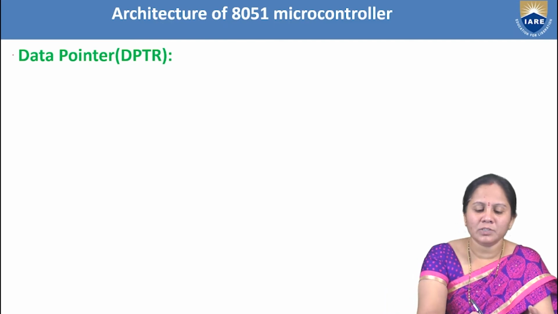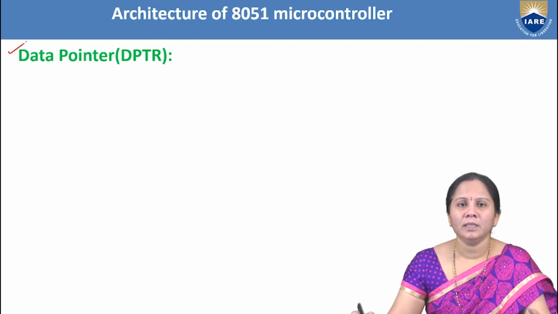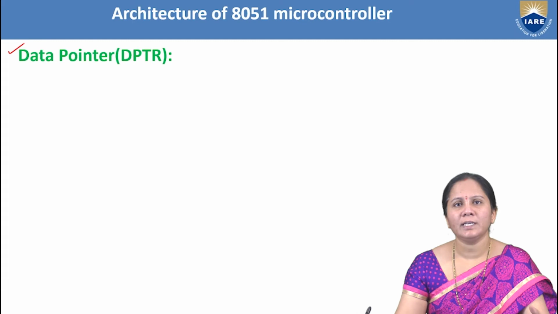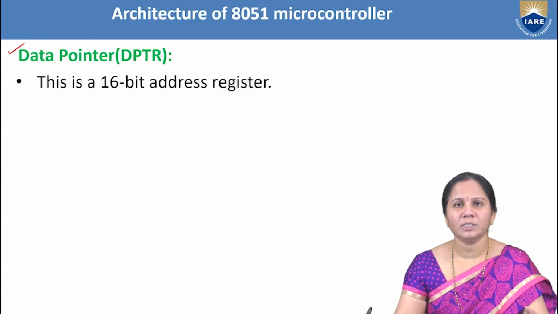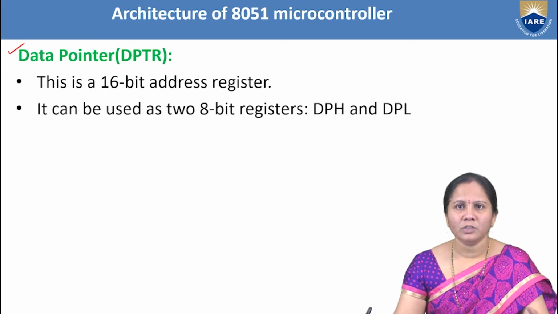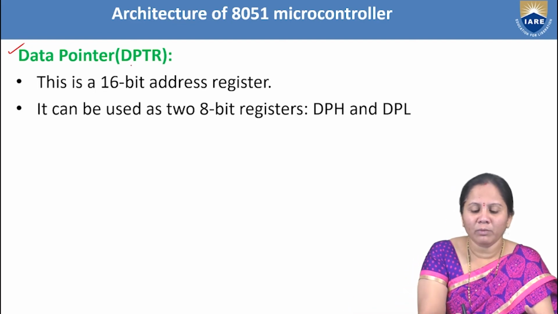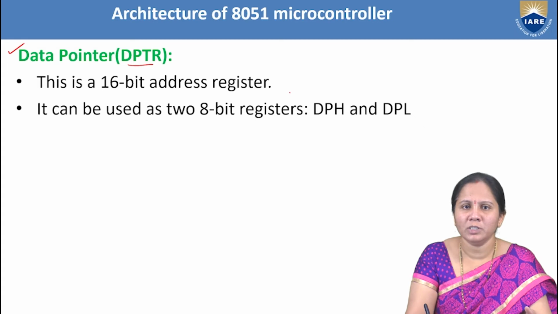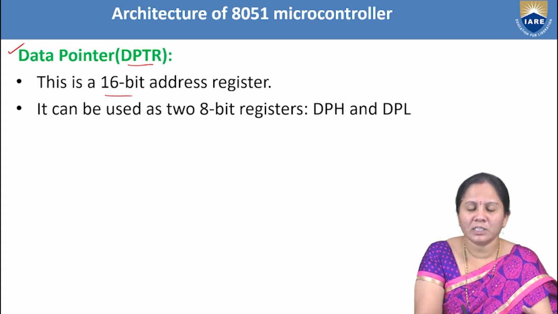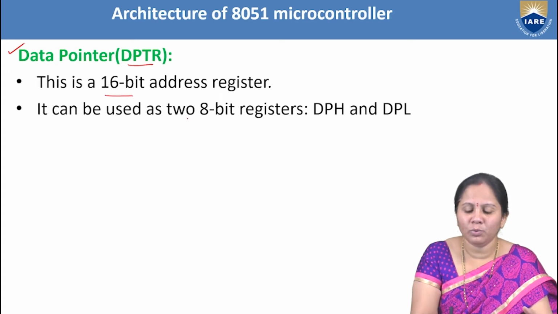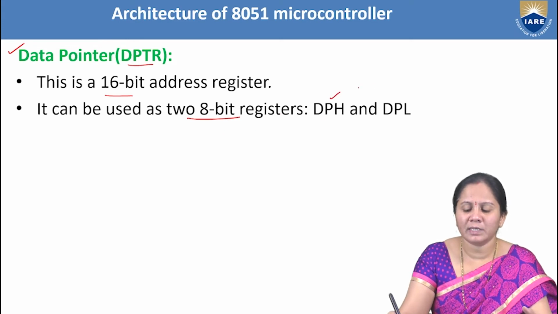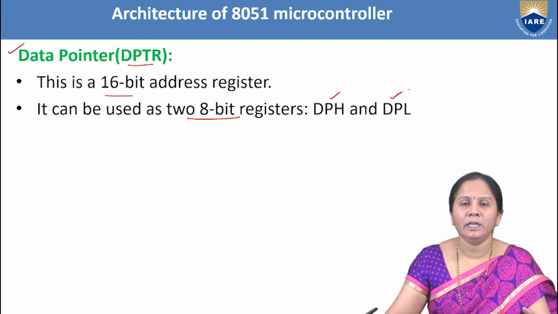And the next register available in the 8051 registers is DPTR. DPTR stands for data pointer. This register is also a 16-bit register. If you want to perform any 8-bit operations, we can use this 16-bit register as two 8-bit registers, which can be represented as DPH and DPL.